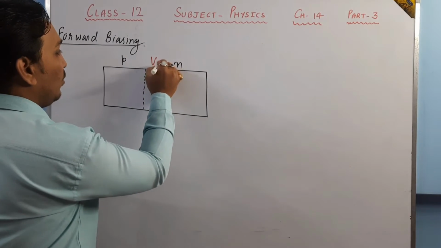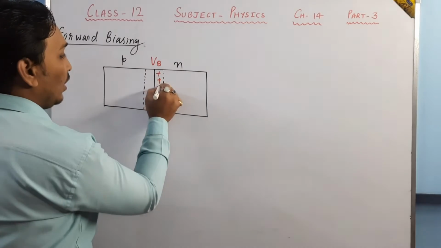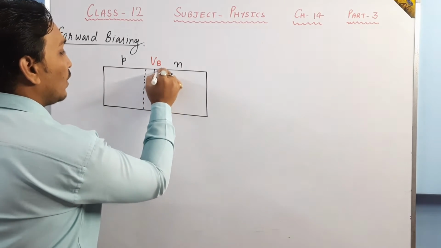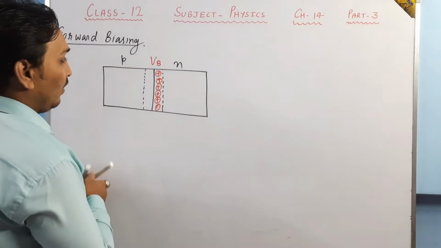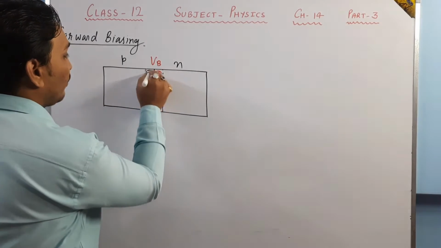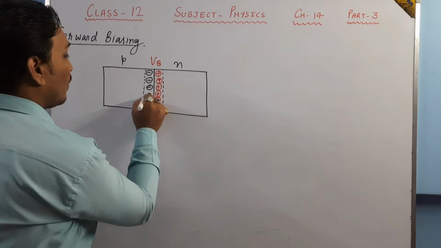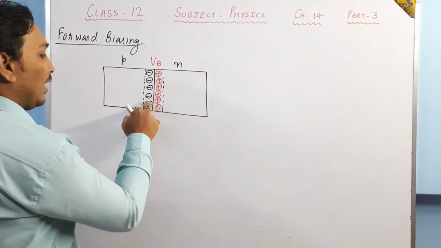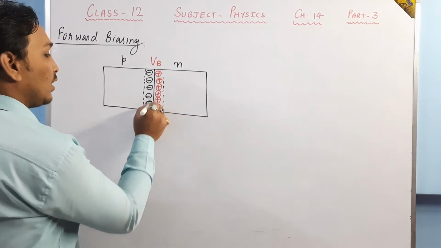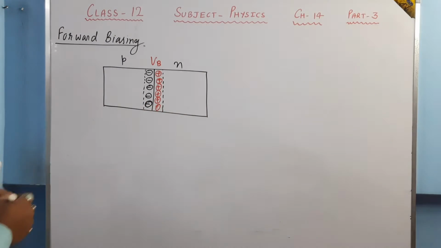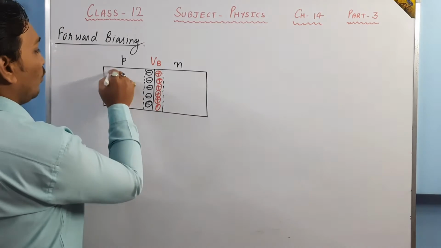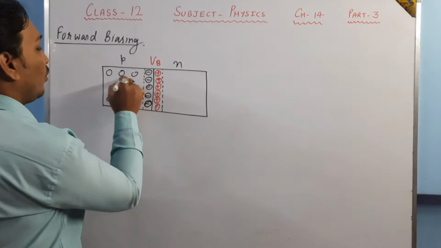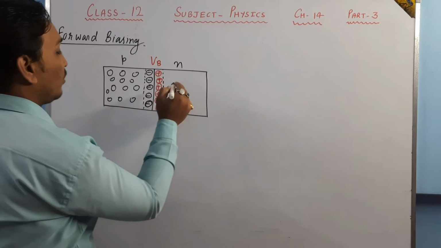Barrier potential is VB, and for barrier potential here we have immobile ions as positive, and in this P side we have negative. Now I am making only those charges which are to be considered. In P side what we have? In P side we have holes. In N side what we have? We have electrons.